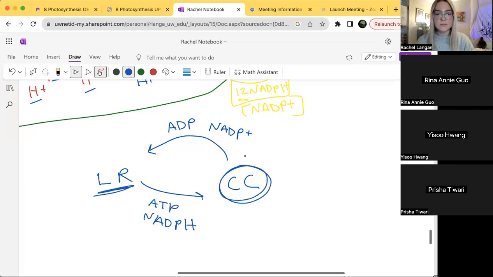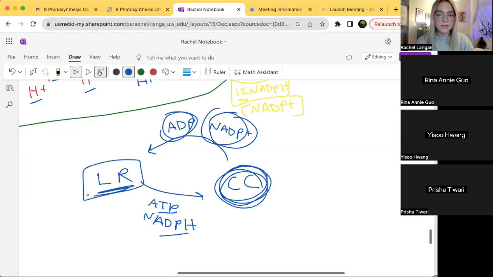Because if we stop using up ATP and NADPH because something's going wrong, then we'll stop making these. And if these aren't available, the light reactions can't happen. Thank you. You're welcome.